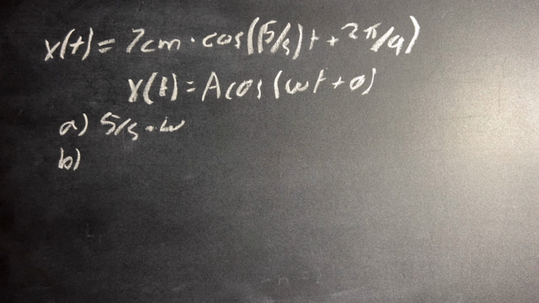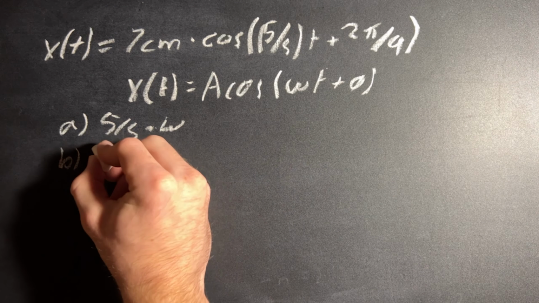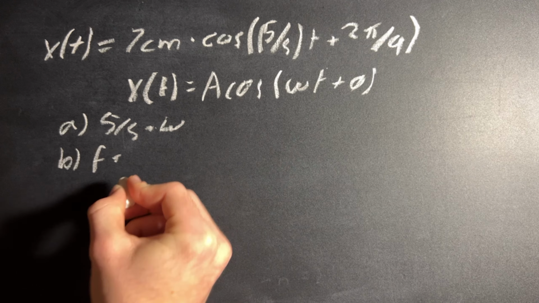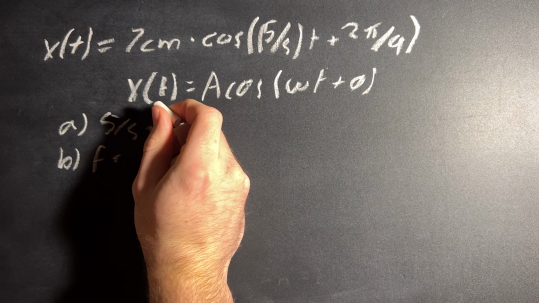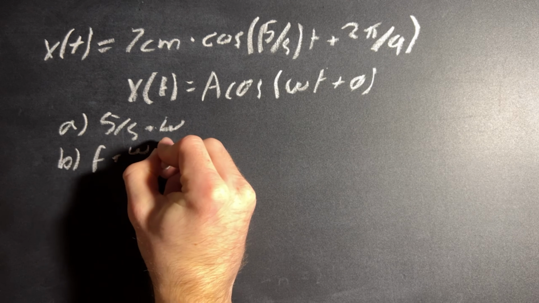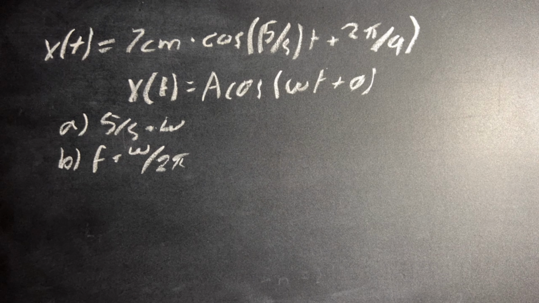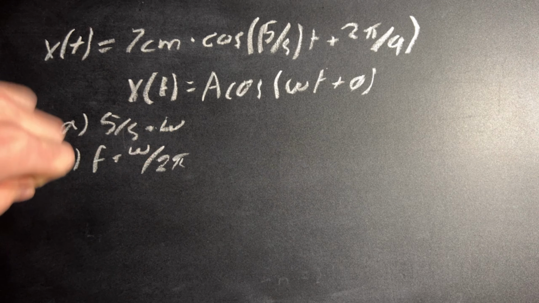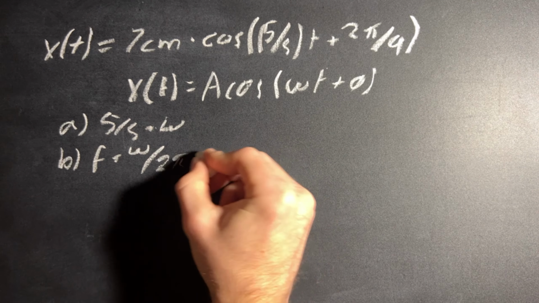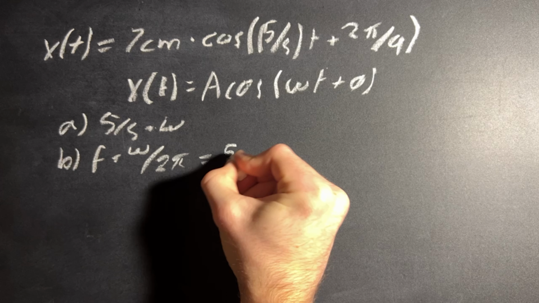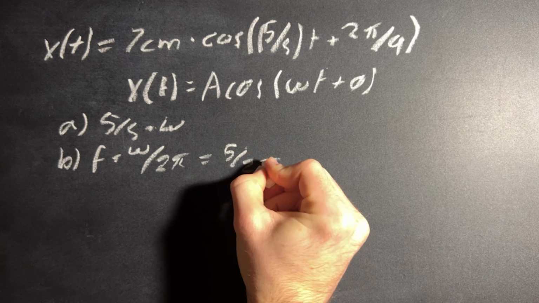Now for B, we're going to find frequency, not angular frequency, just frequency. The equation for that is f equals omega over 2 pi. So now that we know omega, we can just do 5 divided by 2 pi.